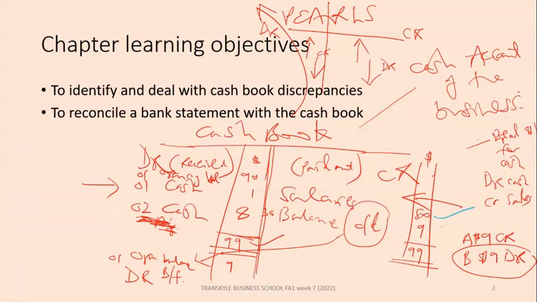So you can see that the debit side was larger. The side where there is a larger amount is where the balance of that account is. In this case, the larger side was on the debit, so this is why we are having a $9 debit, which is the balance brought forward. So the balance brought forward is only going to be on that side where there was a larger grand total.